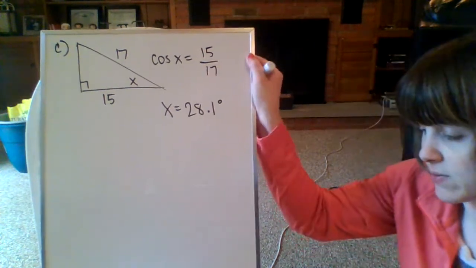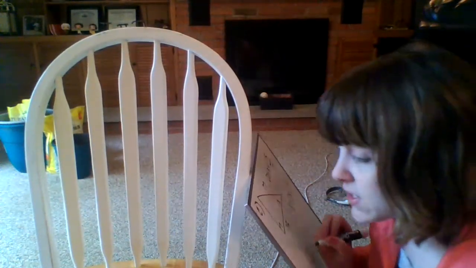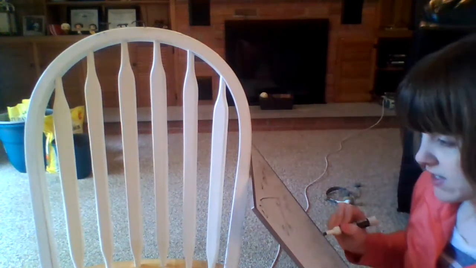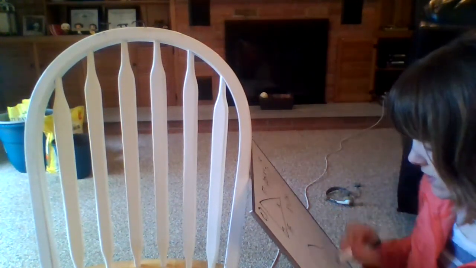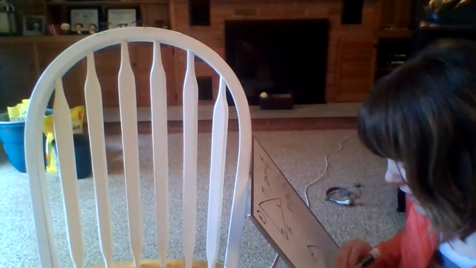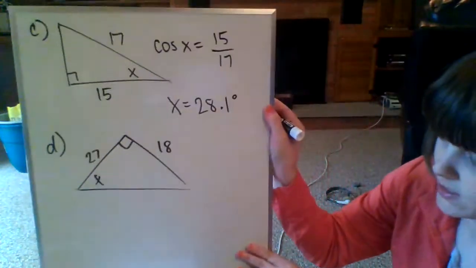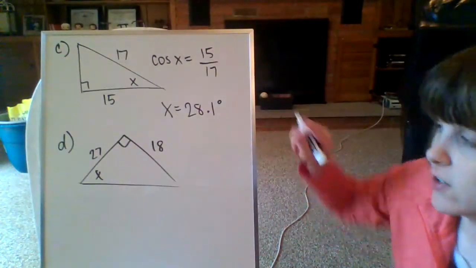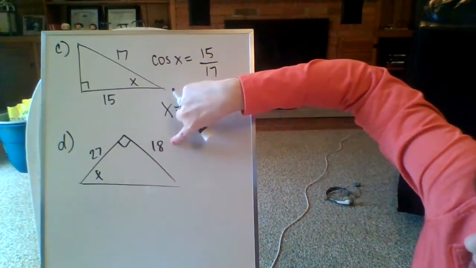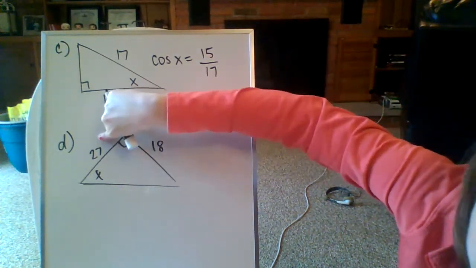Alright, very last one. We're almost there. So this is for part D. Looks like this. And we have X and 27 and 18. Alright, so opposite, this one would be hypotenuse. So we have opposite and adjacent.